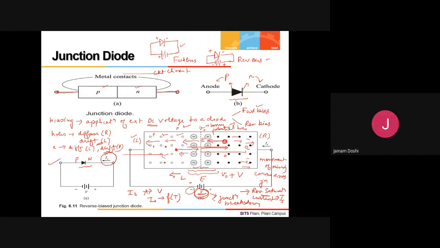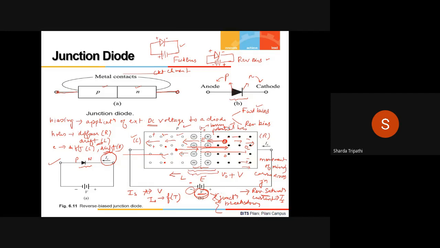Okay? So one more thing I would like to mention over here is that when the junction breaks down, what happens? It's not that the very large value of current flowing through the diode will now damage the diode. I mean, it could damage the diode also. It depends. There are two types of breakdowns actually, the Zener breakdown and the avalanche breakdown.